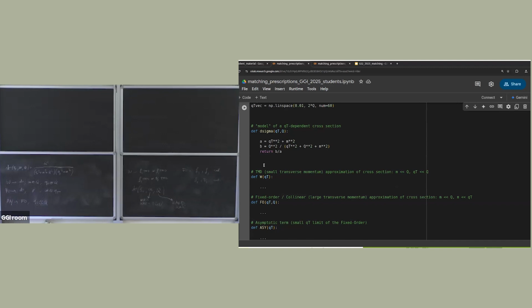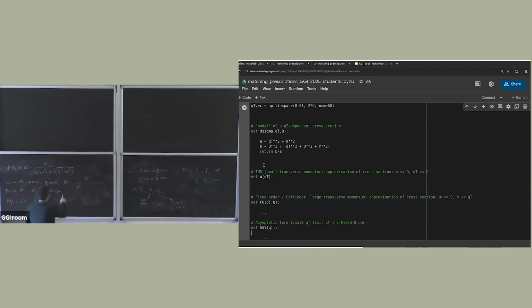So what's the W term in this case? How would you define W? Okay, let's keep Q squared at the numerator. Then M squared, we don't have M squared because it's smaller than Q. So we should have only Q squared here, you say, in the first one.